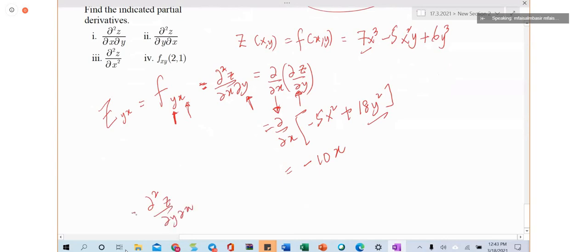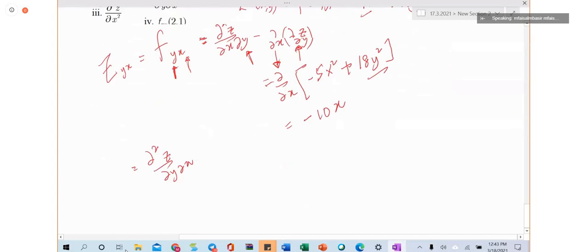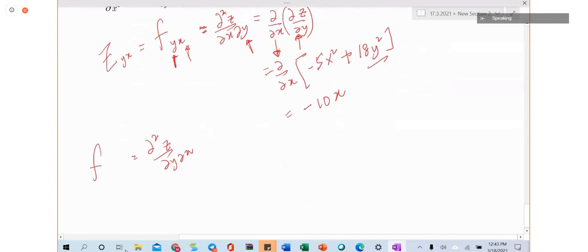Then they ask you to do del squared z over del x del y, which is f x y. That means you differentiate with respect to x first, which means del over del x first, the opposite of this.